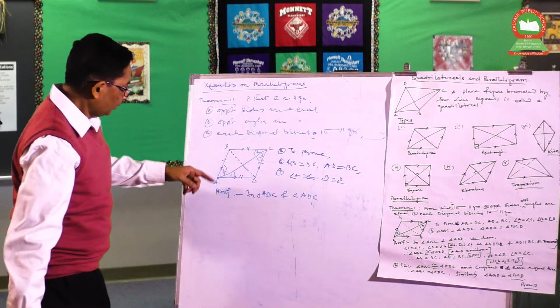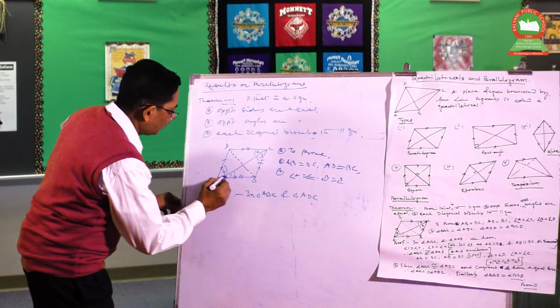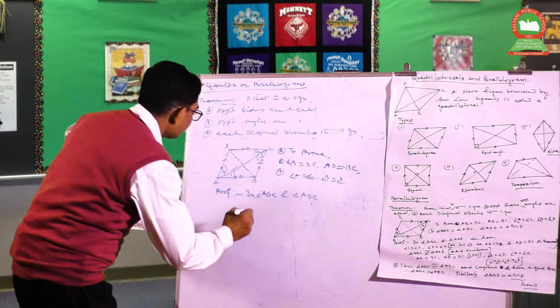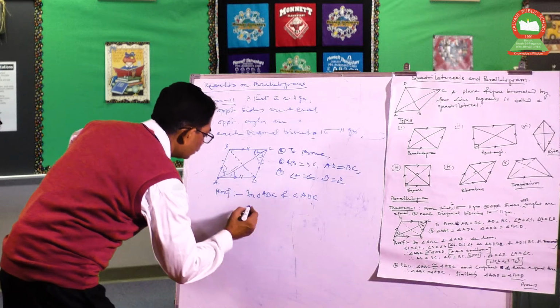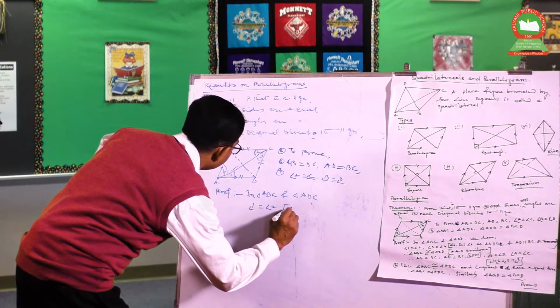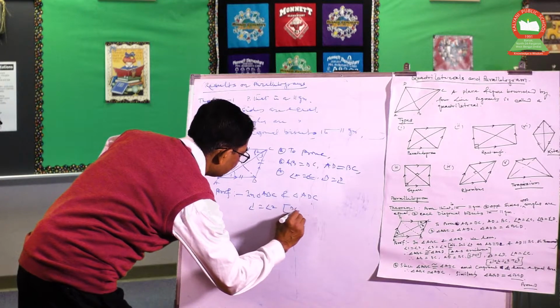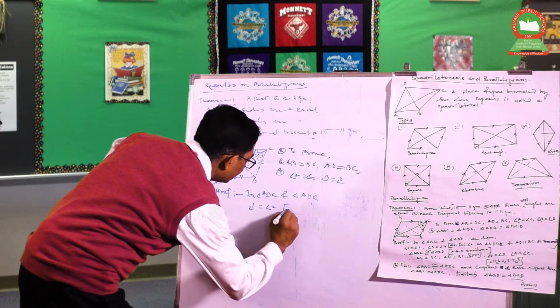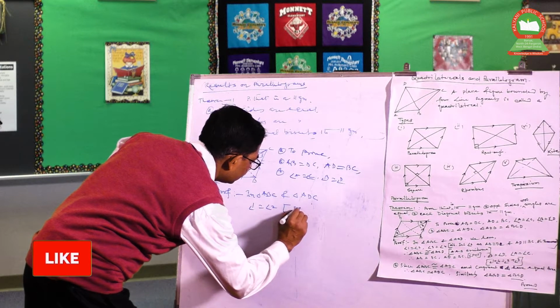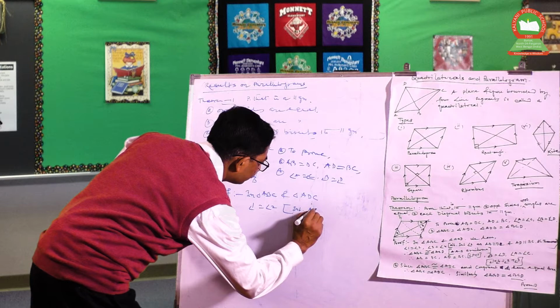We can show, see, this is parallel to this and AC is the transversal, then angle 1 equal to angle 2. This is DC we are talking about, this is the interior alternate angle.